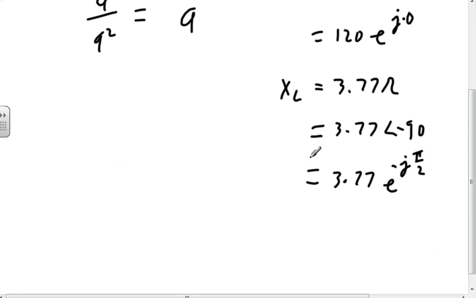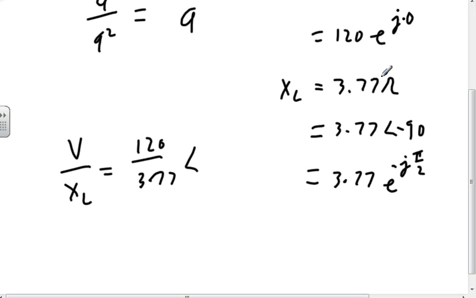If I took my voltage and divided it by X of L, I would be taking my magnitudes and dividing them, and then taking my angles and subtracting them, because I have this on the bottom. So I got an angle of 0 minus a minus 90 to give me 90 degrees.